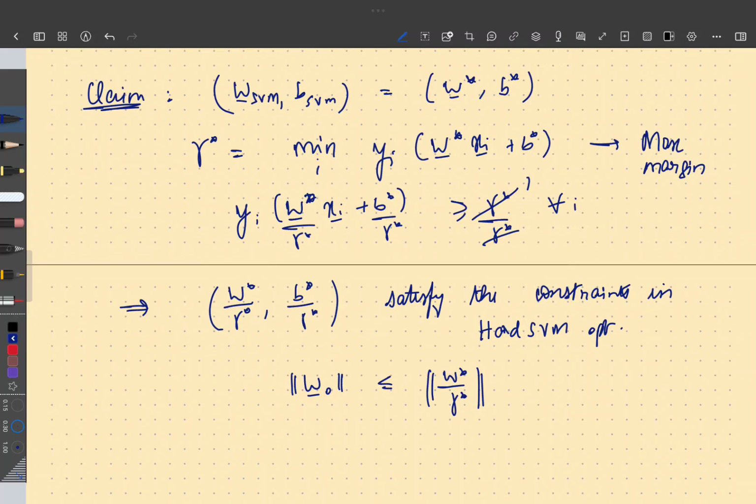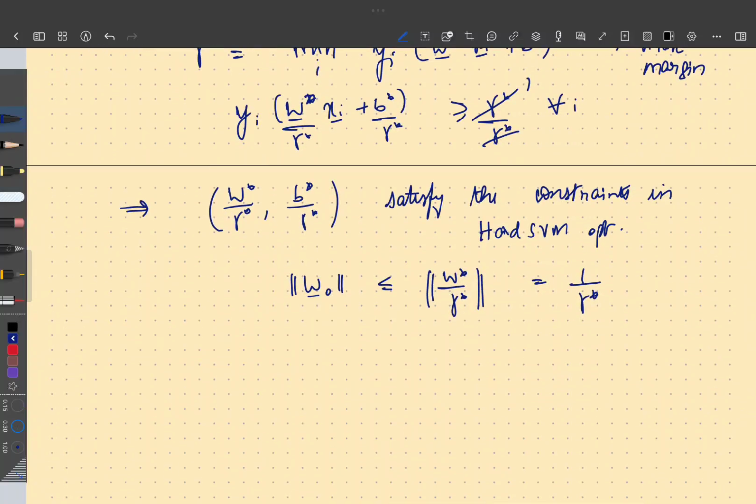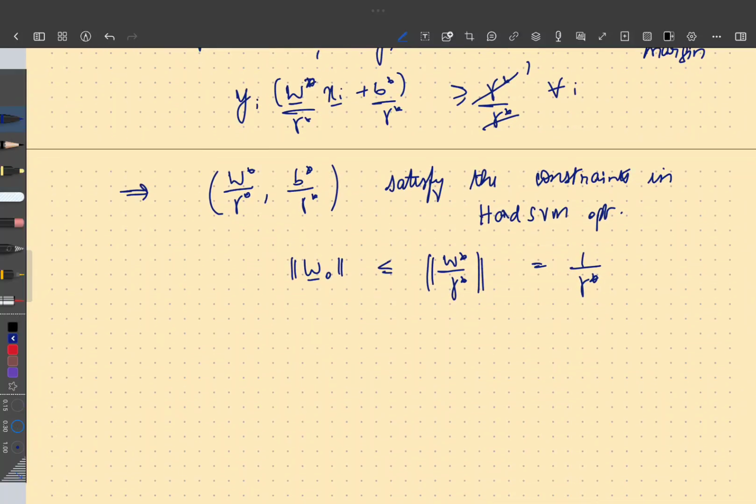But we know that W star has unit norm by definition. So this is 1 by gamma star, 1 by the max margin. Right. So let's take the solution of the SVM, the Hard-SVM solution.